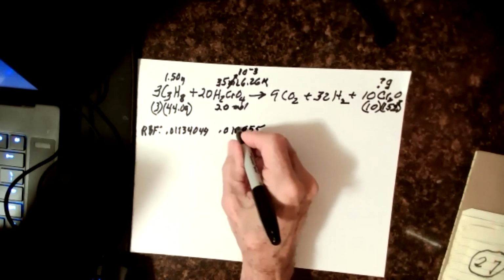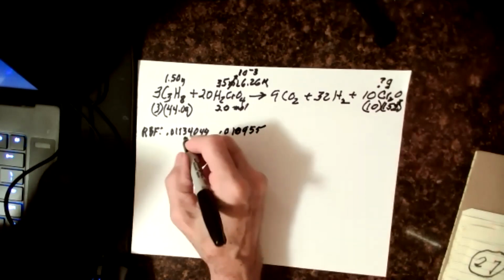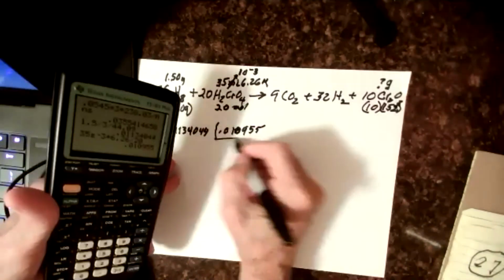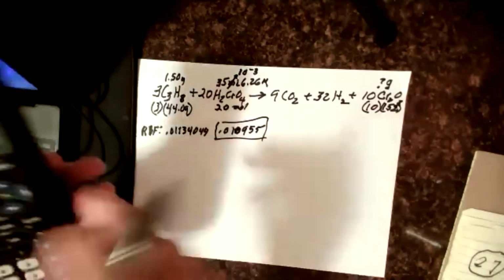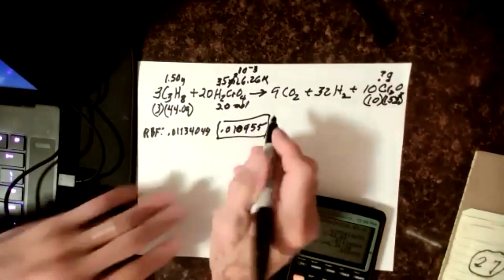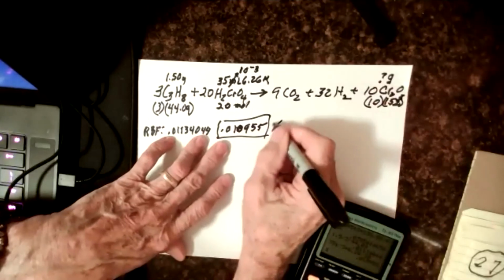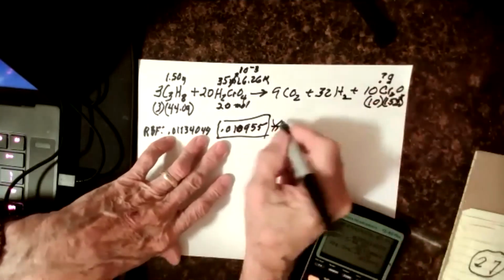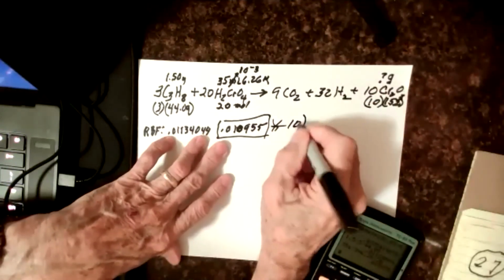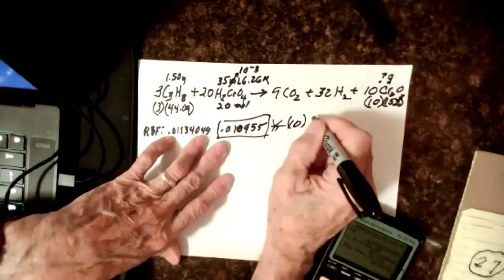Comparing these two, this now is my limiting reagent. So my answer is going to be this number times what's under my question mark, which is 10, times 152.